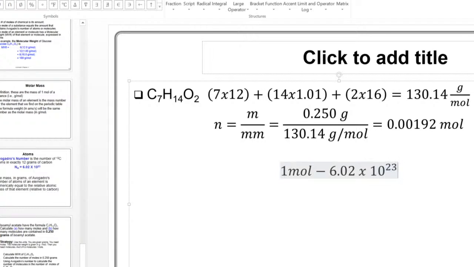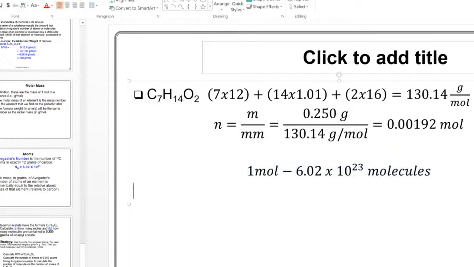And what are they asking us? Molecules. So I told you Avogadro's constant helps you to determine how many particles are present. These particles can be atoms, molecules, ions, and so on and so forth. Right. So 1 mole contains those molecules.